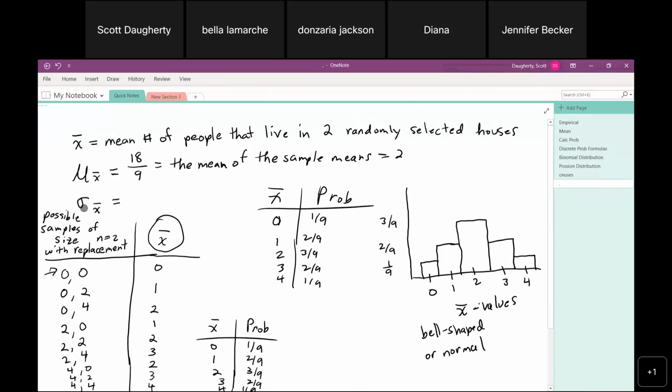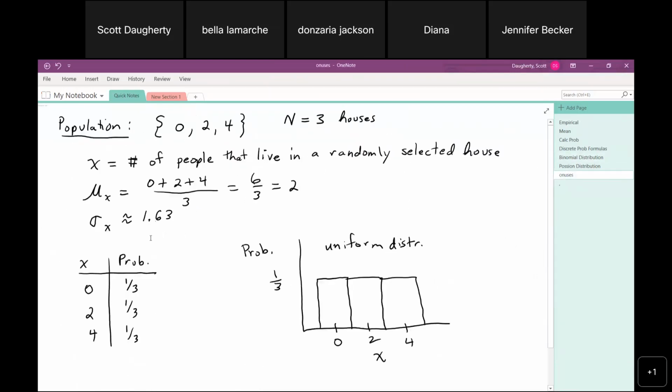And the last thing I want to look at is what happened to the standard deviation of these X bar values when we started averaging them up. How does that compare to taking only one number at a time? Look at the standard deviation for the X random variable versus the X bar random variable. Now in the original one, when we took one at a time, it was 1.63.